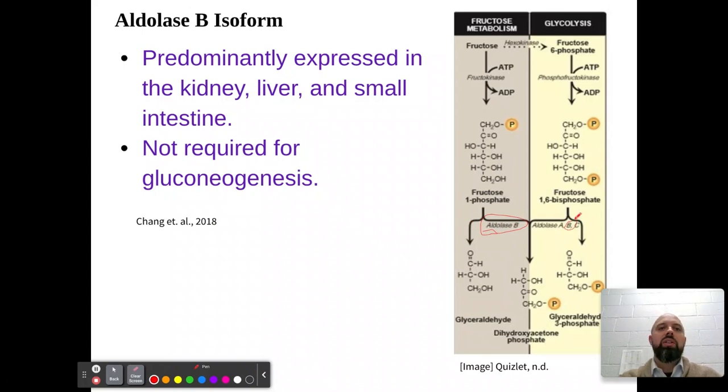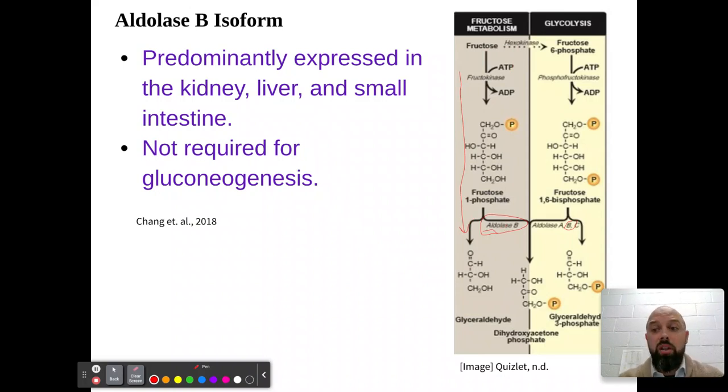Key expression, it's predominantly expressed in the kidney, but also in the liver and the small intestines. It is also not required for gluconeogenesis like A and C can be. So this one is not required. I do want to point out that it is a key factor in fructose metabolism, though, as it is the only one located on that left side.